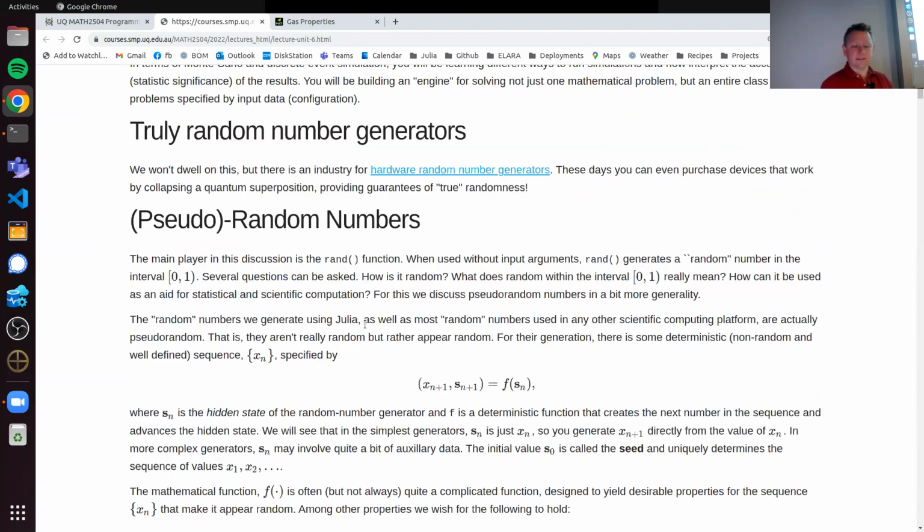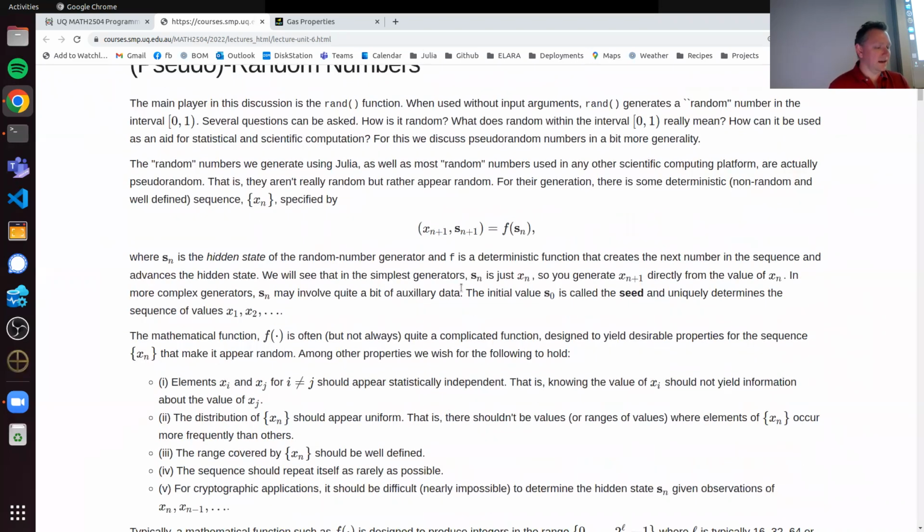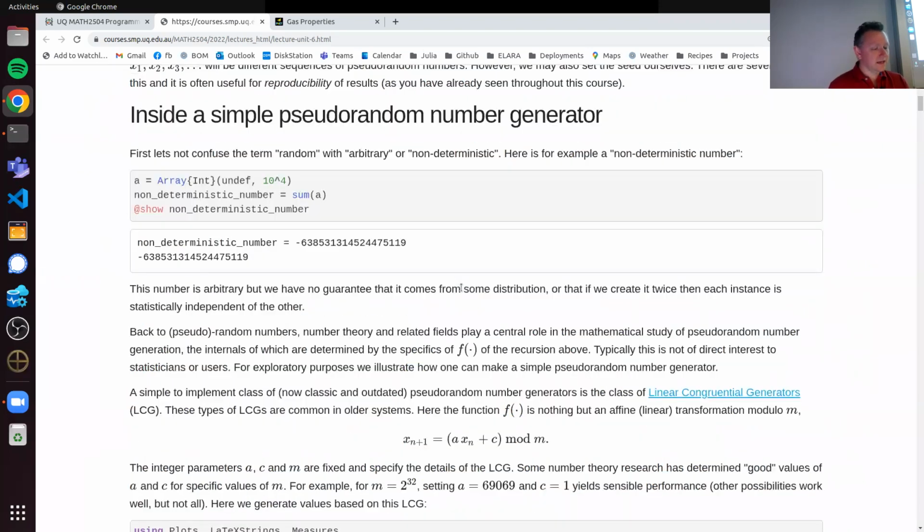Last lecture, we dove pretty deep into how computers, which are deterministic machines, generate randomness. We talked about random number generators with their internal hidden state and different schemes of generating numbers.